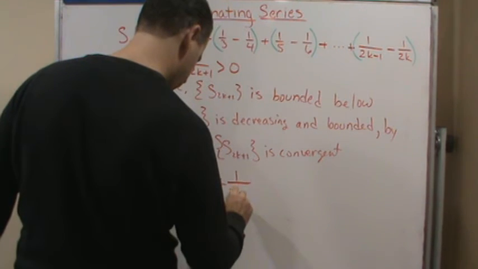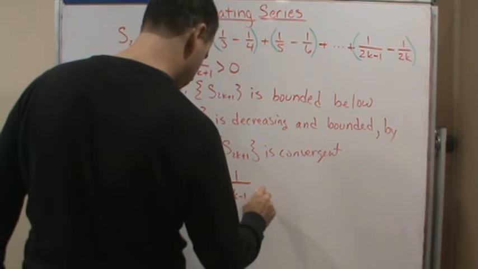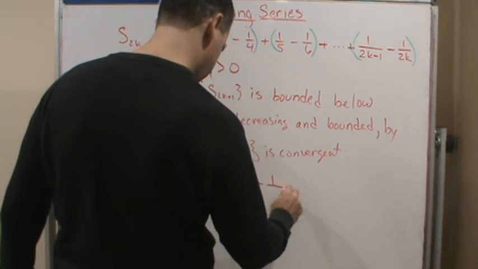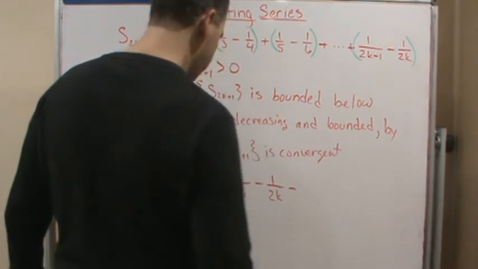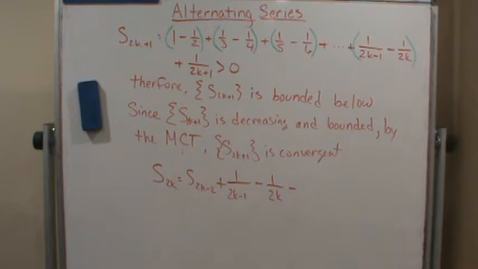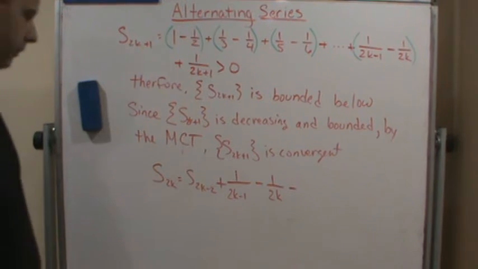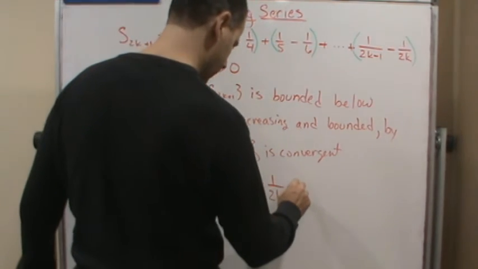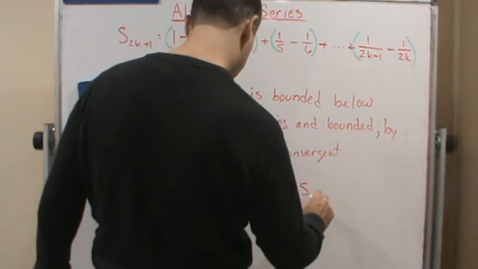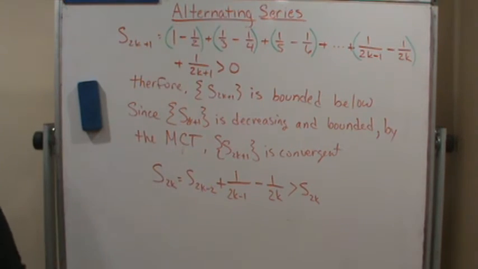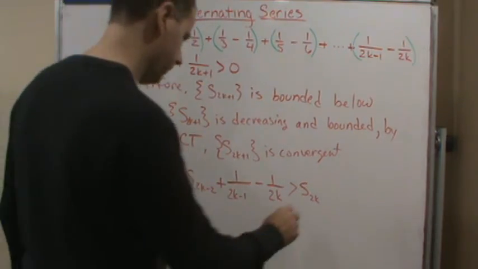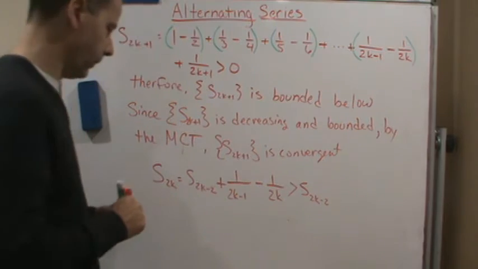So this is 1 over 2k minus 1 minus 1 over 2k, and this is greater than that partial sum.